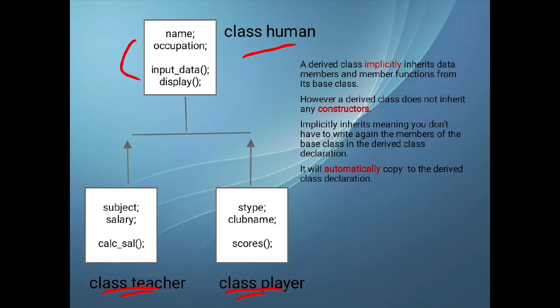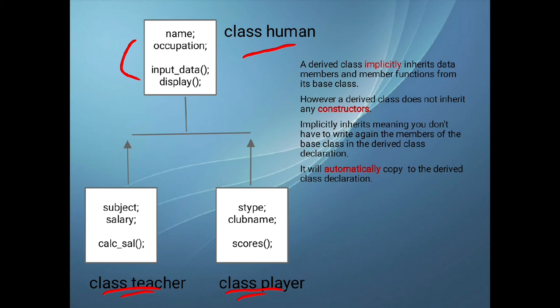And similarly for the class player, you have the data member sports type, and then club name, and then scores as member function. So if we come back to the class human, every human has a name. They all have an occupation. In this case, the occupation has been split into teacher and sports player.